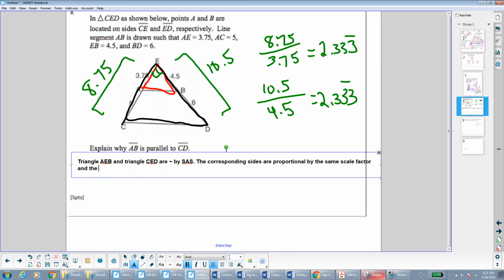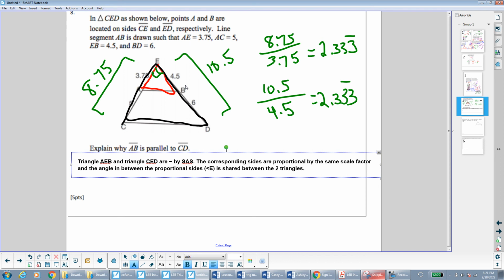And the angle in between the proportional sides, and that's angle E, that's the one in between the proportional sides, is shared between the two triangles. You can also say it is congruent to itself by the reflexive property.